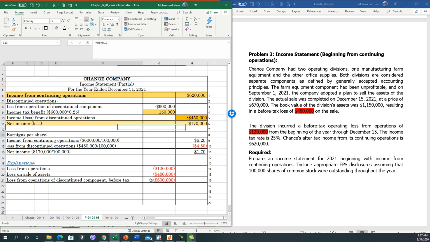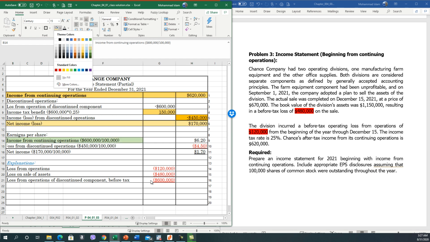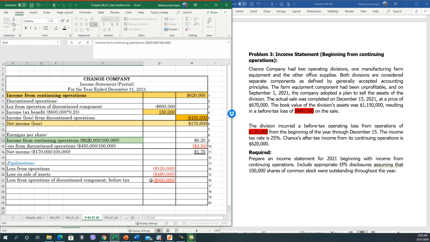And earnings per share, how do we do that? Income from continuing operations should actually be 620,000, because this is income from continuing operation. 620,000 divided by 100,000 shares is 6.2.